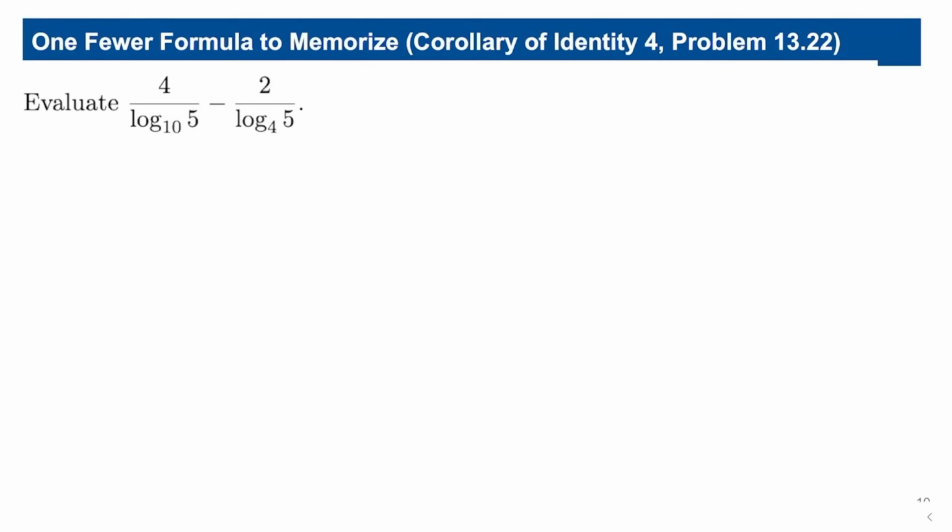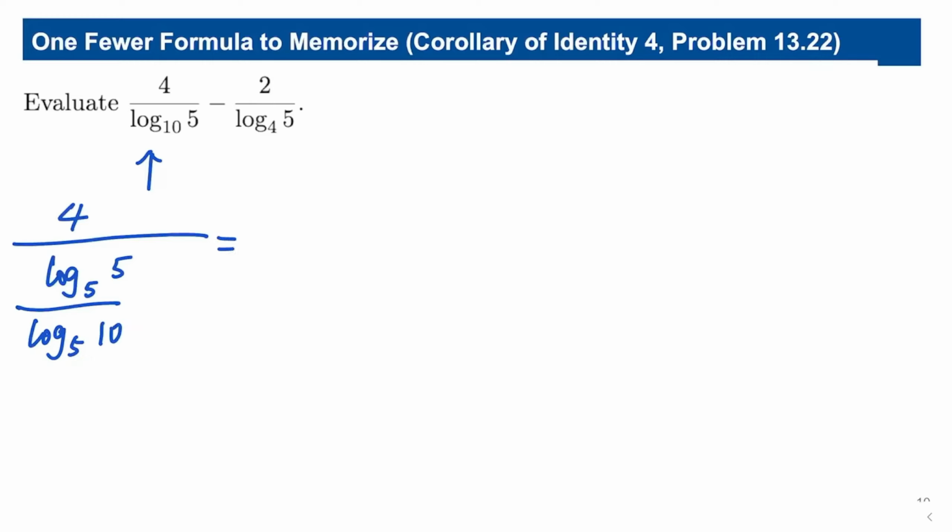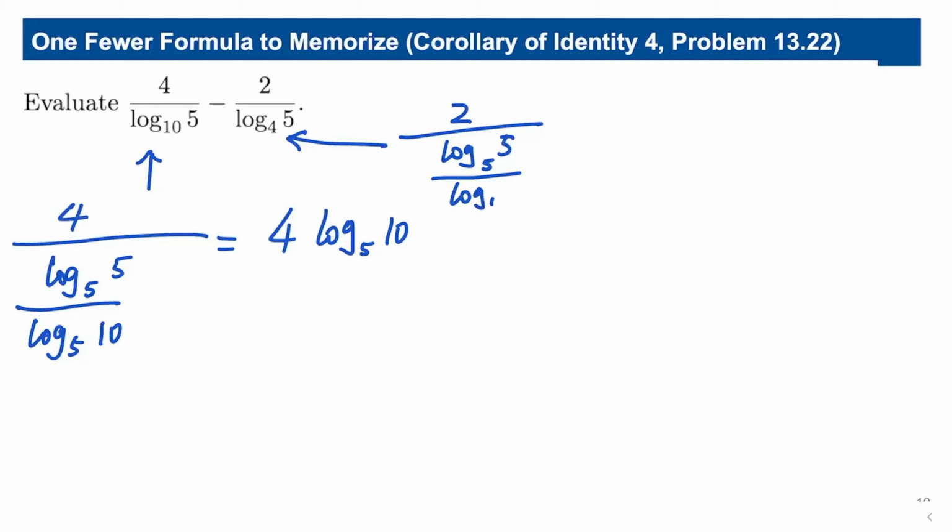Evaluate 4 over log base 10 of 5 minus 2 over log base 4 of 5. The first term equals 4 over log base 5 of 10 over log base 5 of 5, so 4 times log base 5 of 10. The second term equals 2 over log base 5 of 4 over log base 5 of 5, which is 2 times log base 5 of 4.